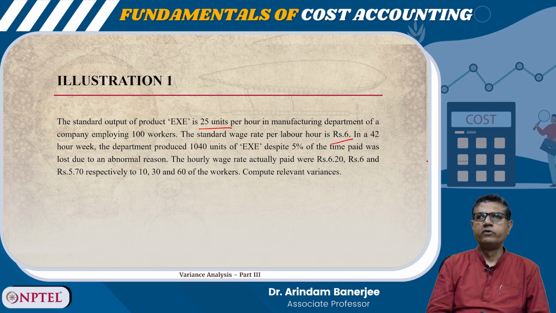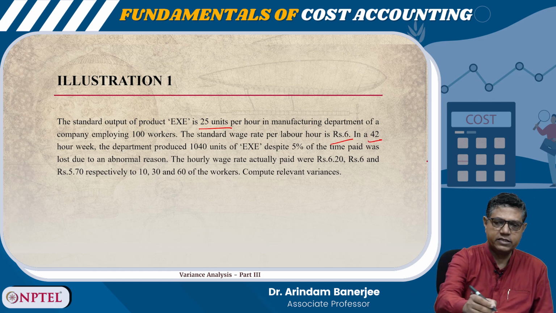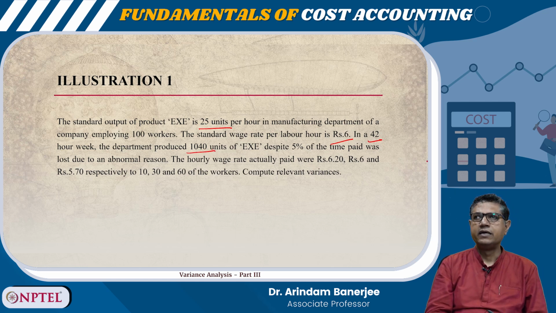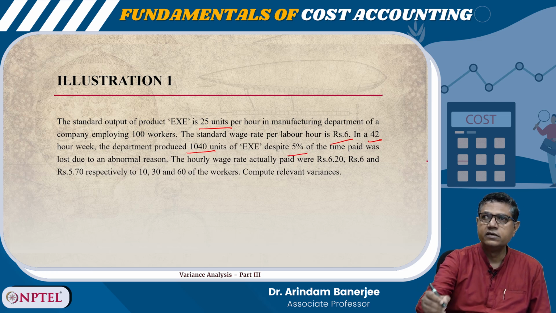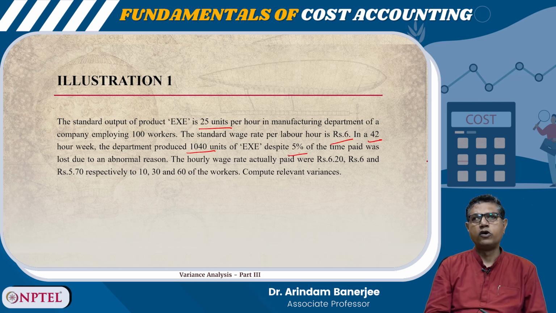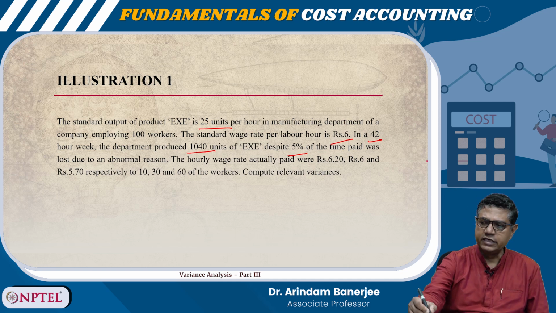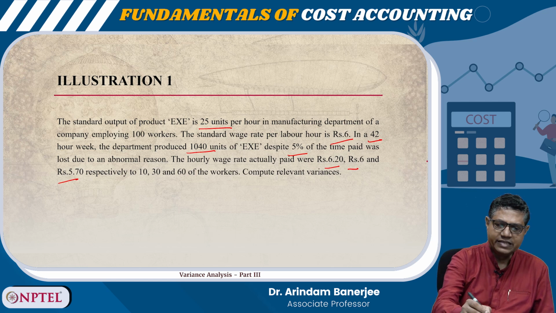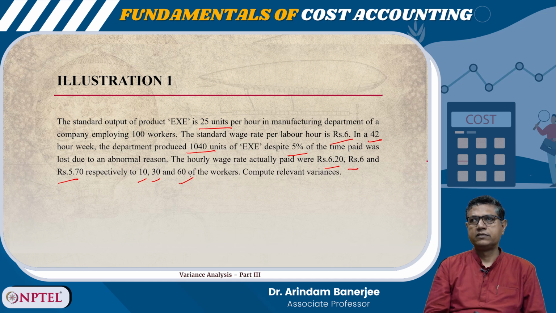In a 42-hour week, the department produced 1040 units of EXC, despite 5% of the time paid being lost due to abnormal reasons. The hourly wage rate actually paid was 6.20, 6 and 5.70 rupees respectively to 10, 30 and 60 of the workers.